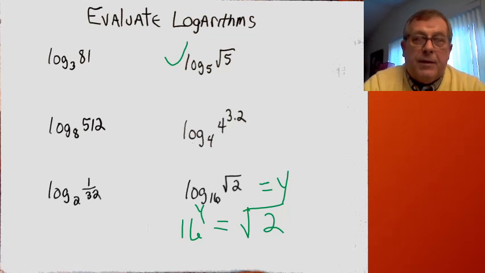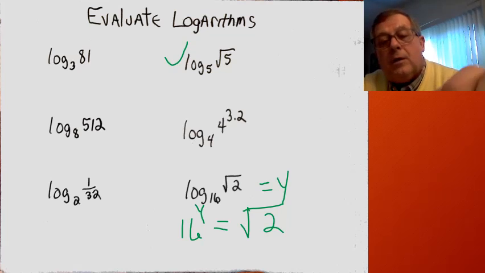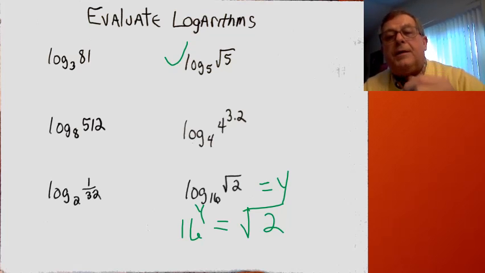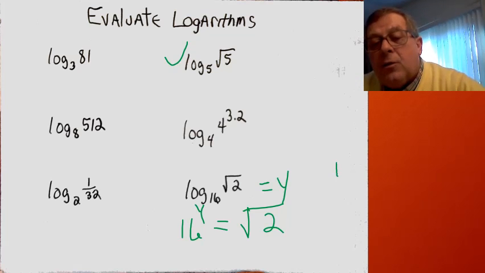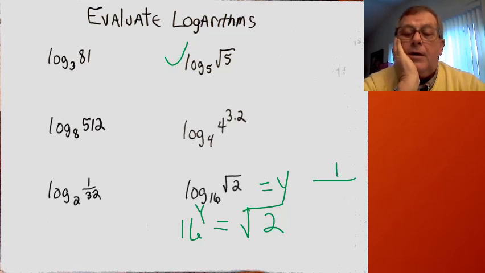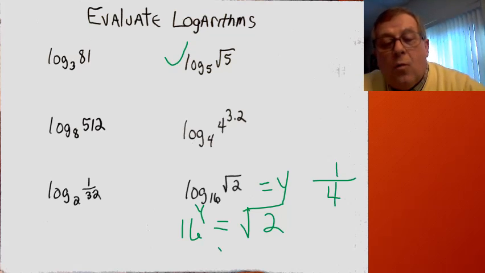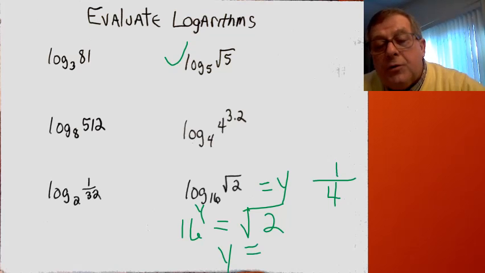Here I've got 2, it's not raised to any power, so I can be pretty well assured that my numerator is going to be 1. And so then I'm having to consider, what is the power I have to raise 2 to get to 16? Well, 2 times 2 is 4, 4 times 2 is 8, 8 times 2 is 16, and so that would be 4. And so y is equal to 1/4.